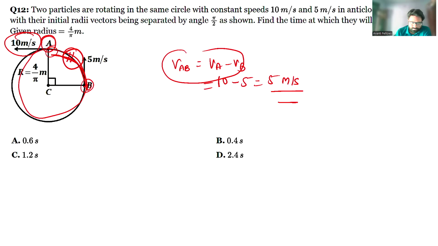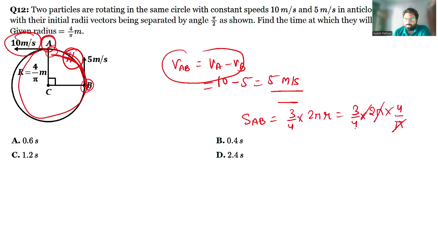Got it? So we can say that SAB is equal to 3 by 4th of 2 pi r. 3 by 4, 2 pi into what is the value of r? R is 4 upon pi. Pi and pi cancel out, 4 and 4 will cancel out. So it is coming out to be 6 meter.